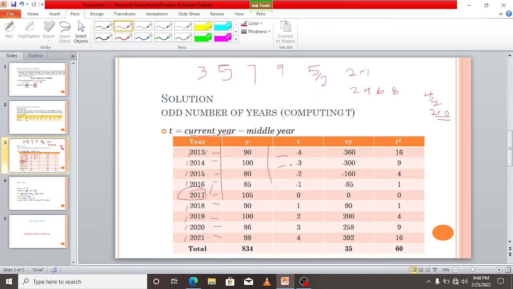Negative 4 times 90, which is negative 360. Okay, so to get t squared, we shall just come here and we square the value which is here, which is negative 4. Negative 4 squared, it is 16. A negative times a negative, you get a positive.